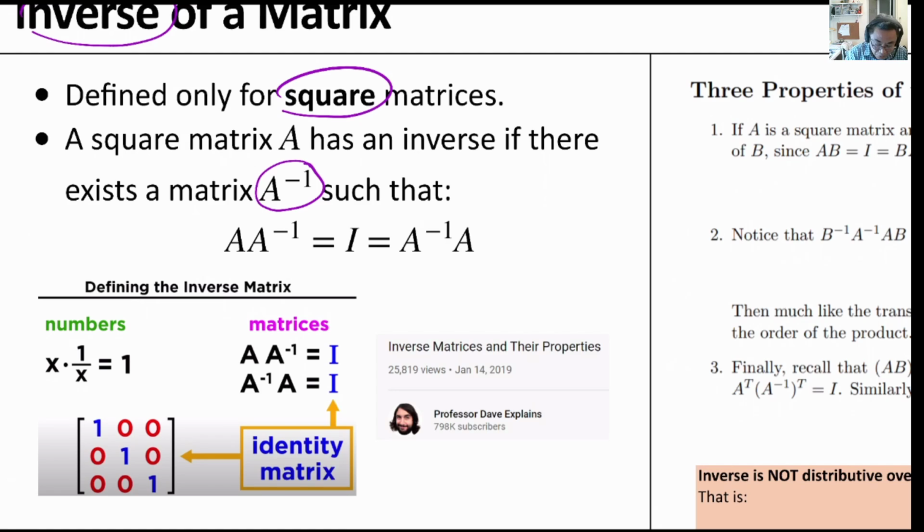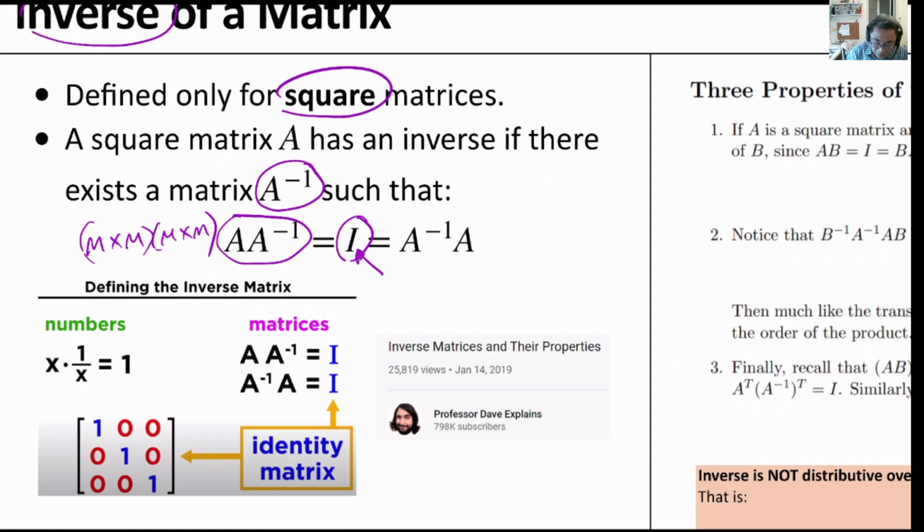Its inverse is also a square matrix of the same dimension. Then we can do multiplication, because if it is a square matrix of m rows, then it will have m columns, and its inverse is also m rows and m columns. Therefore, when the inverse is multiplied with A, the identity results.